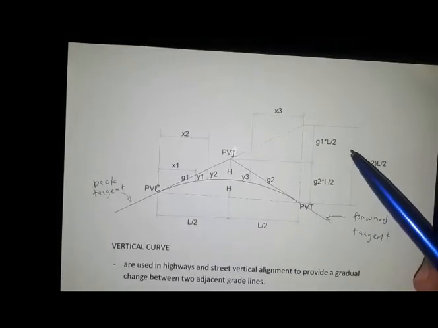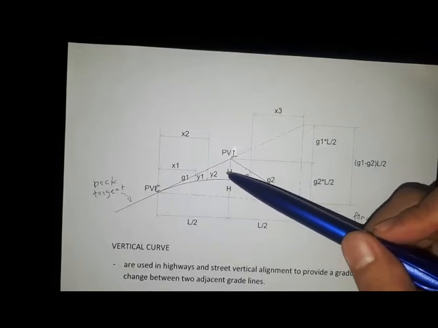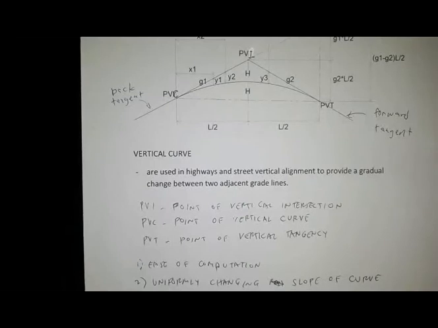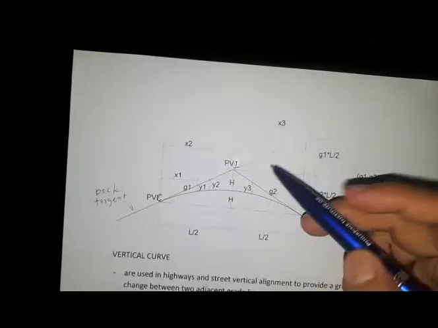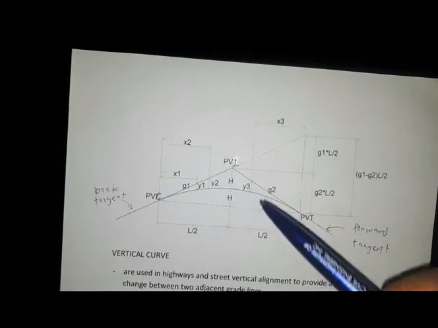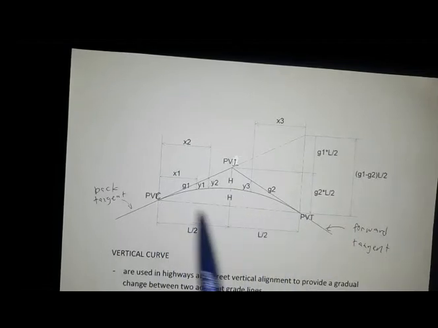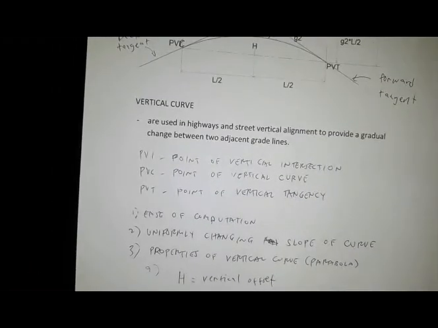If this is the curve, we have the vertical offset denoted by the capital letter H. So this is the distance from the curve to the intersection of the tangent lines, as well as the distance from the curve to the line connecting PVC and PVT.